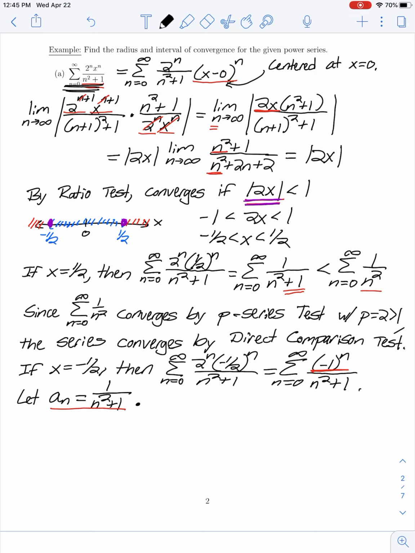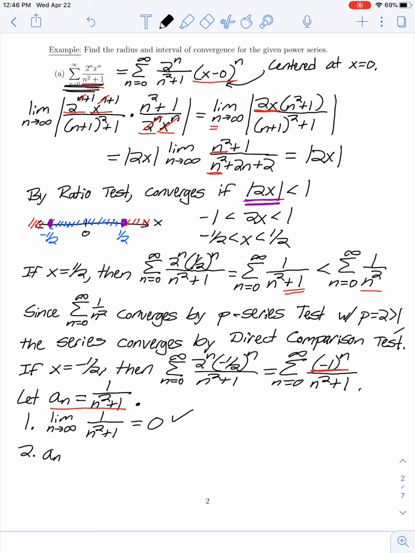And there are two things that we need to check for the alternating series test. The first is that the limit as n approaches infinity of a sub n, which was 1 over n squared plus 1, is 0, which we see it is indeed 0. And 2, the second thing we have to check is that the sequence a sub n is decreasing.